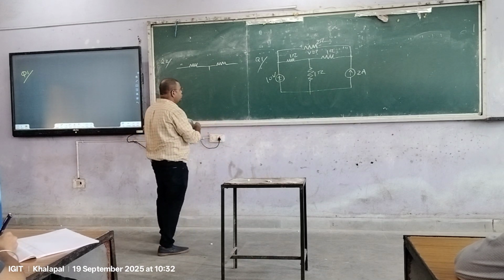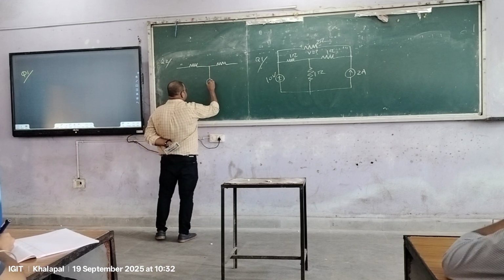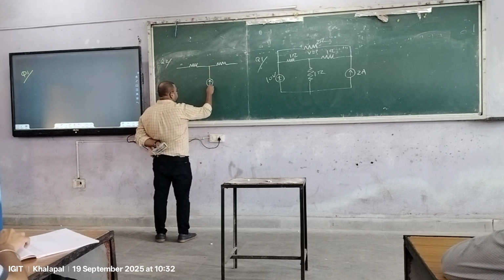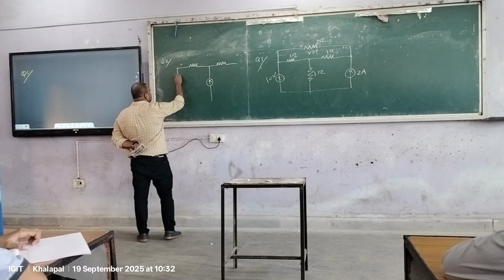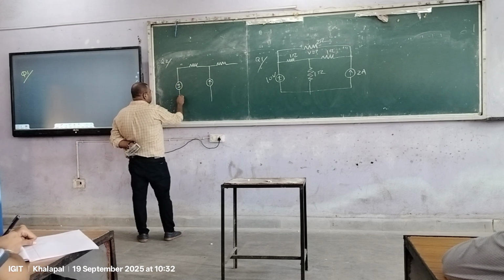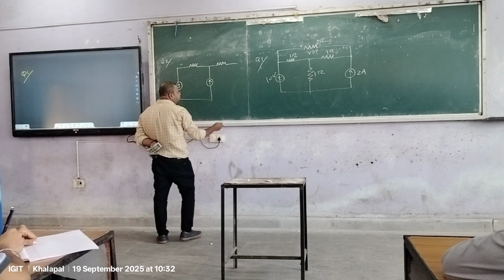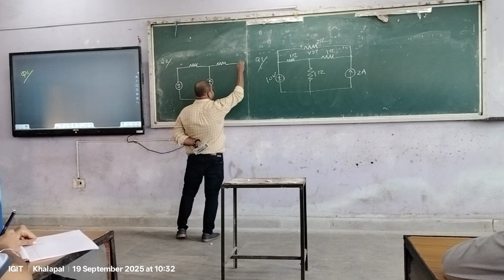The current source will be shifted here, and the voltage source will be there as it is. And here will be one resistance.